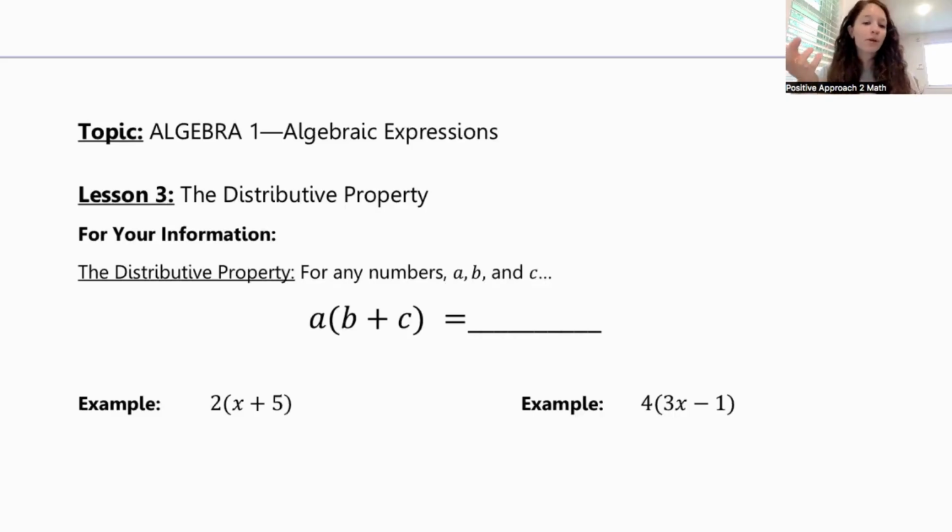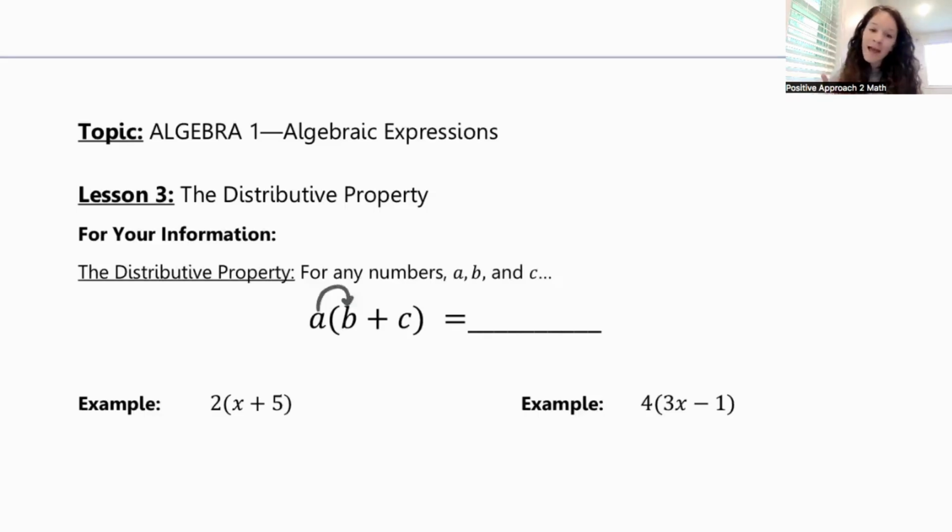This is a property that, if you were taking the Algebra 1 Keystone in Pennsylvania, would be on your formula sheet, so you would have access to that. What it basically says is that if you have any numbers A, B, and C, the distributive property says we can distribute, and another word for distribute that I make sure my students know is to multiply.